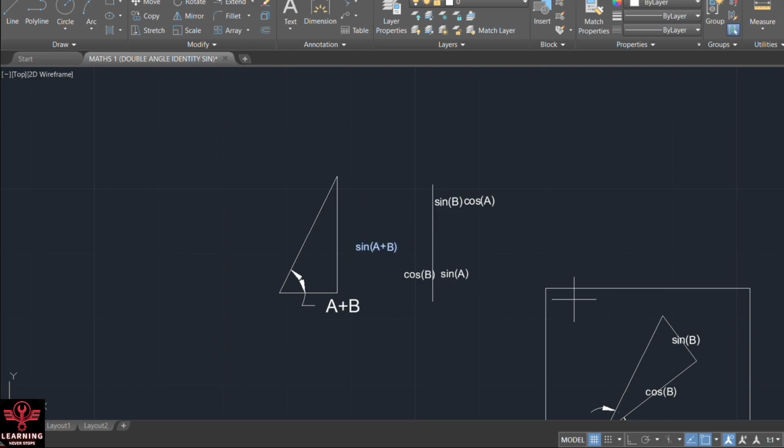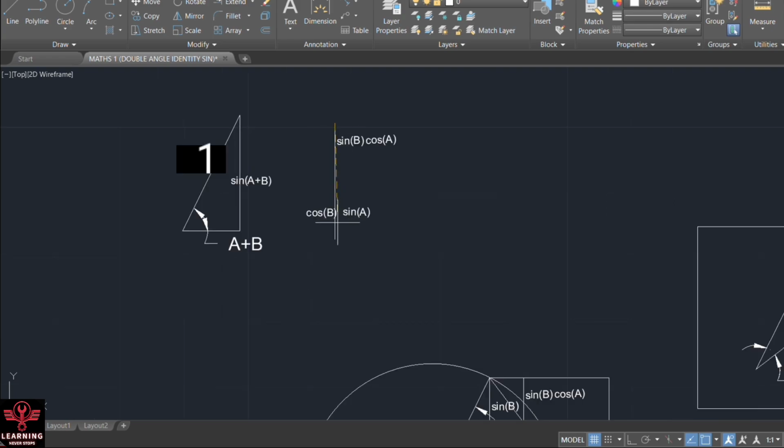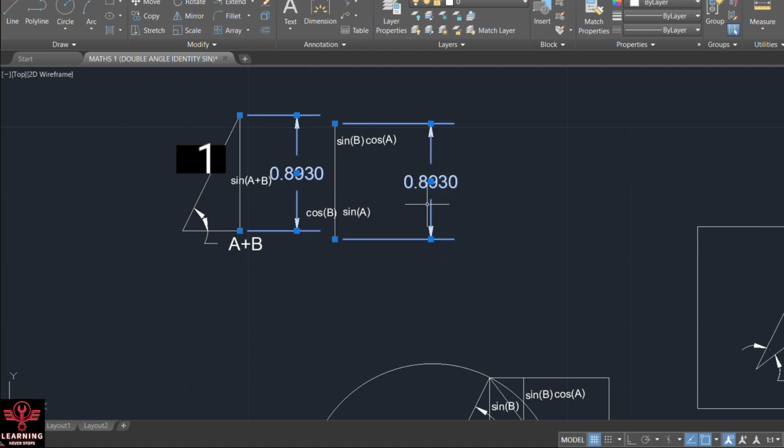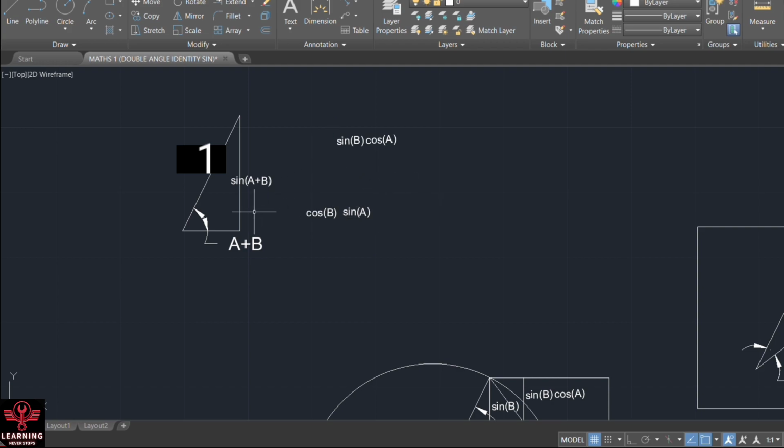So 1 times sine A plus B will become sine A plus B. Surprisingly, the length of sine B cos A plus cos B sine A is equal to the length of sine A plus B. So here we are proving that sine A plus B is equal to sine B cos A plus cos B sine A.